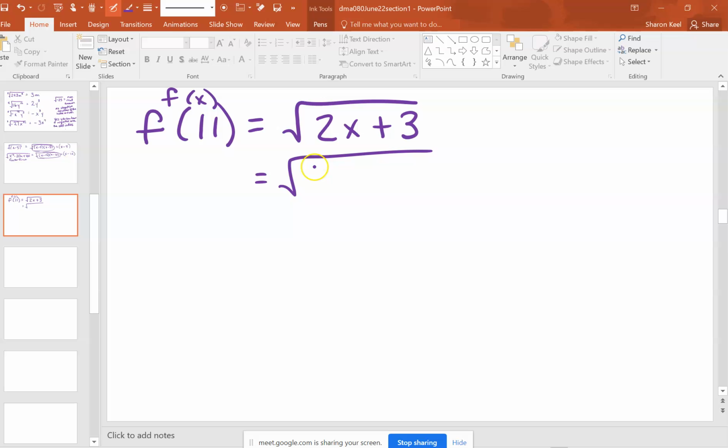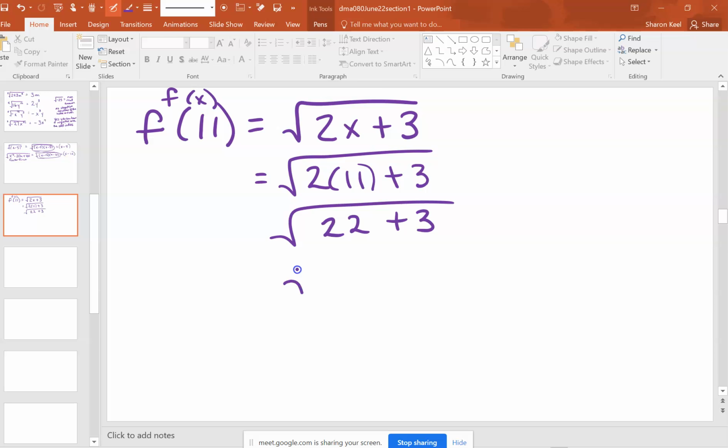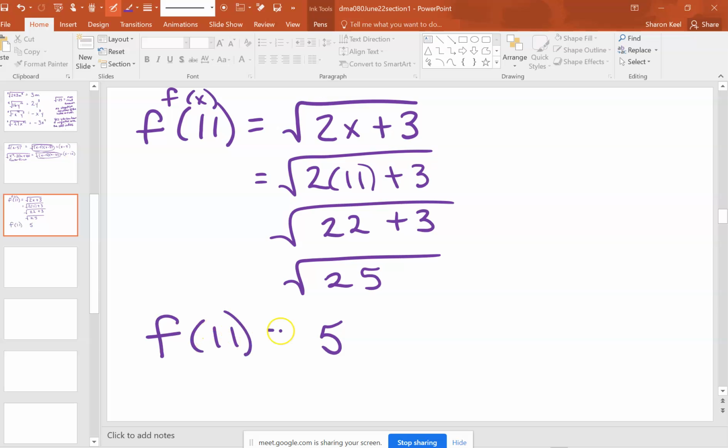So that would be 2 times 11 plus 3. 2 times 11 is 22 plus 3. 22 plus 3 is 25. And the square root of 25 would be 5. So f of 11, the solution would be 5.